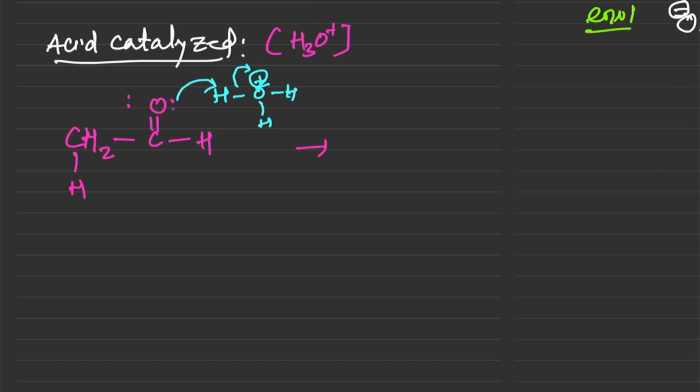So that would make CH2, OH. When oxygen has 3 bonds, it should have a positive charge, and then H.